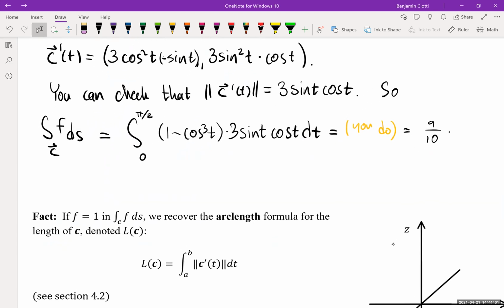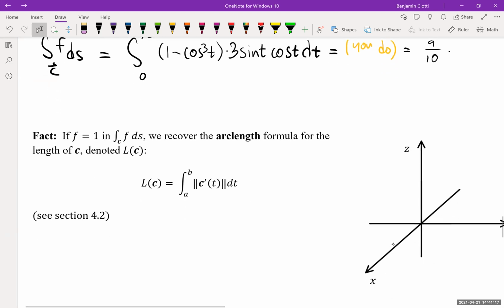If you use the path integral formula and you just let your integrand f, the function, be 1, that's kind of like finding the area of a fence with height 1. Imagine we have some path in the xy plane, and we have a fence above it, but the fence is of height 1.